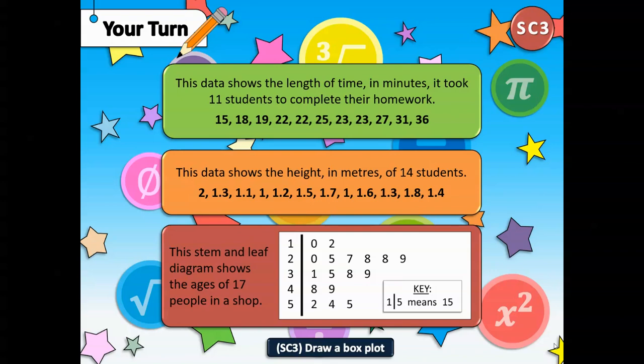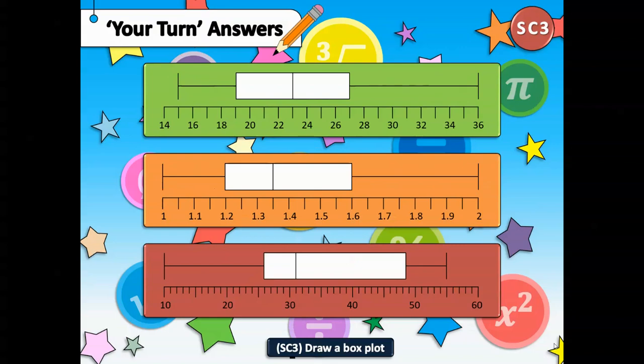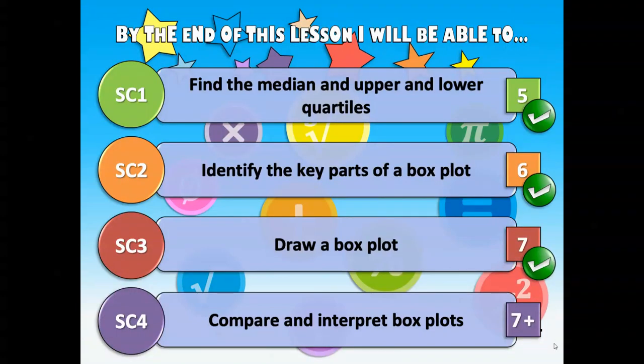Here are your answers, so you can mark those. And now we've completed success criteria 3. So now we're going to move on to number 4, and this is to compare and interpret box plots.